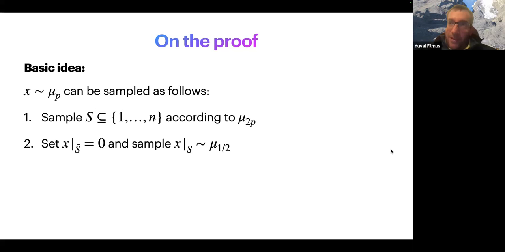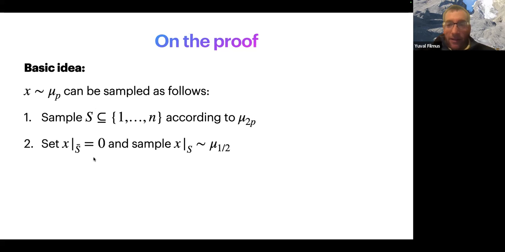So this theorem is a statement about functions analyzed with respect to this mu p measure. And here's a strange way of sampling this mu p measure. We sample a subset S according to mu 2p, which means that we put in each element with probability 2p. And then on the indices outside of S, we just put 0.